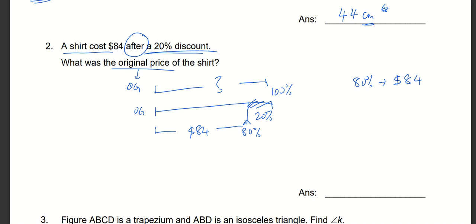Okay, we can simplify it to divide by 4 to get a 20%. So 84 divided by 4 will be 21.